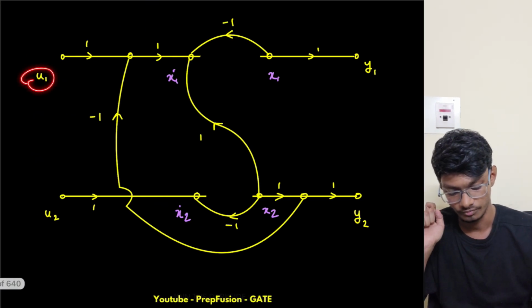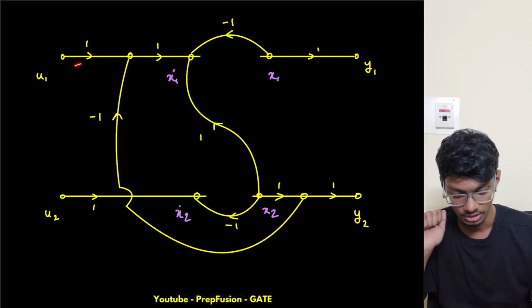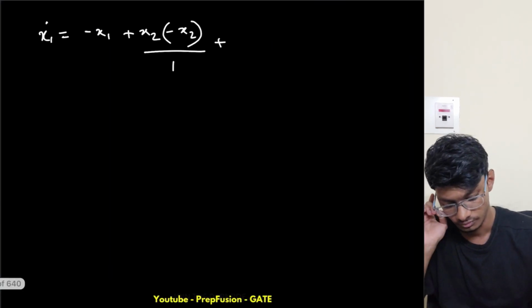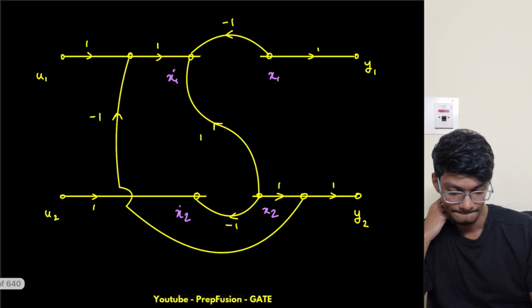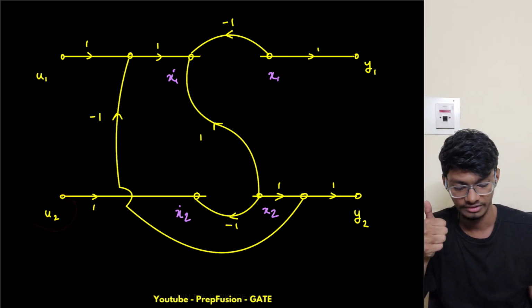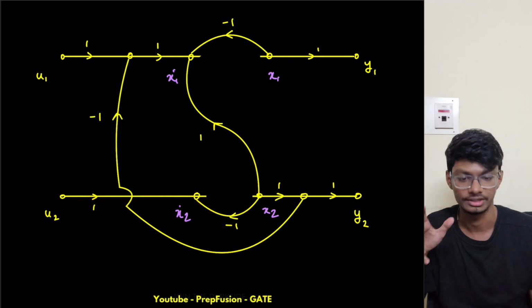Now we have u1. So u1 is directly coming over here. Is there any other forward path? No, this is against the flow. Then I have only one forward path, that is 1 times 1 into u1. Now for u2, do I have any forward path? I can go from here, but again I'm going against the flow.